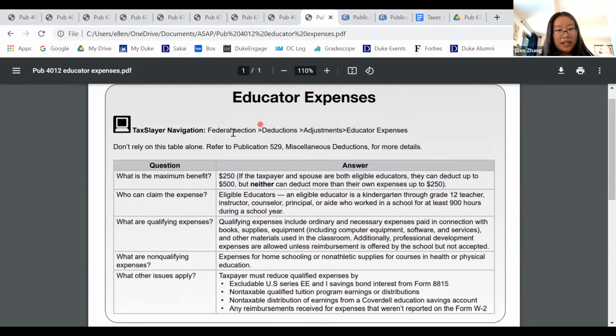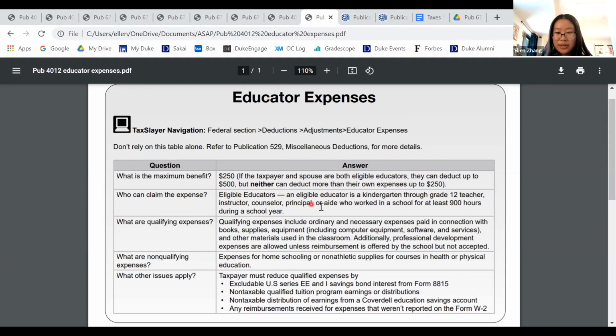So the maximum benefit for educator expenses is $250 for a single taxpayer and up to $500 if both the taxpayer and the spouse are eligible educators. So what are eligible educators?